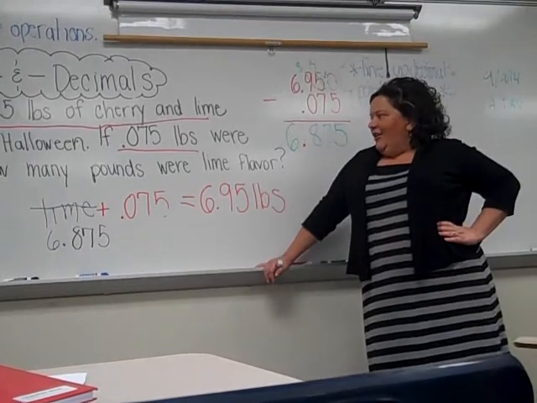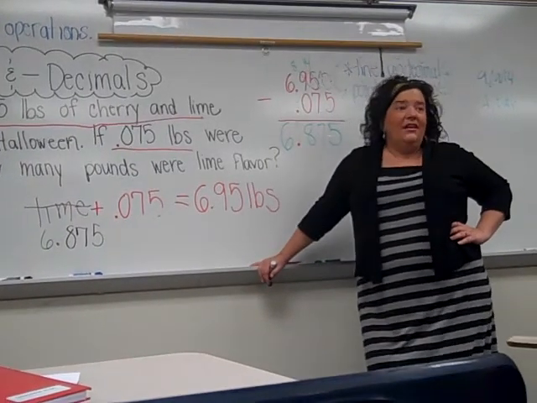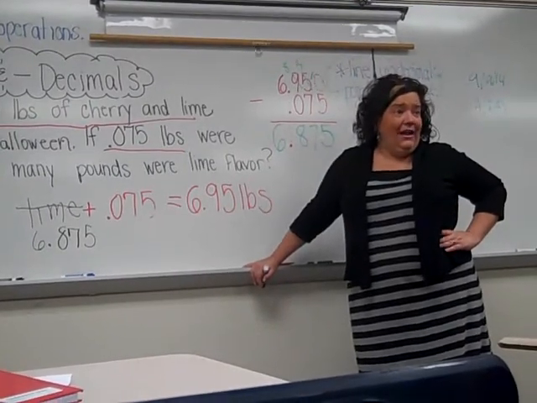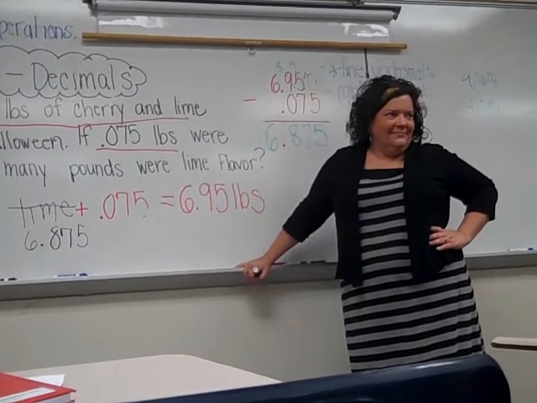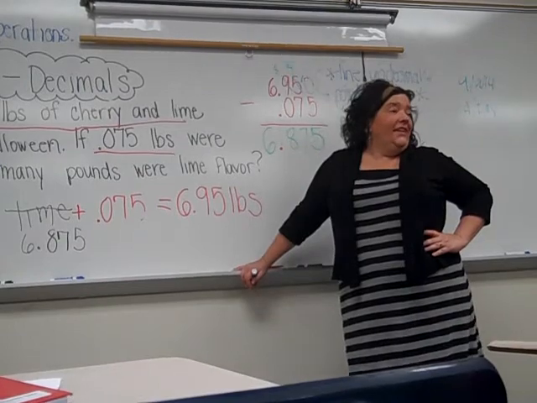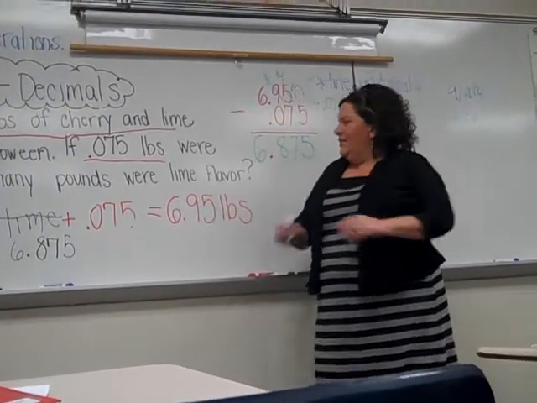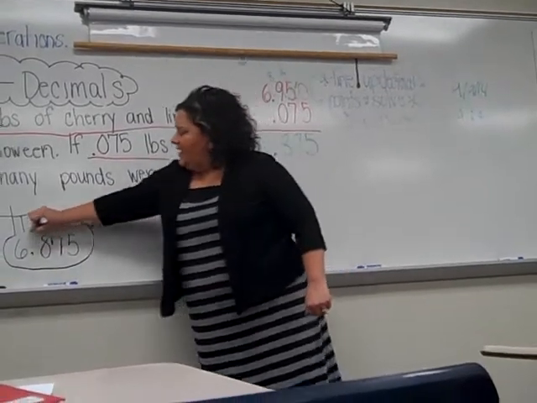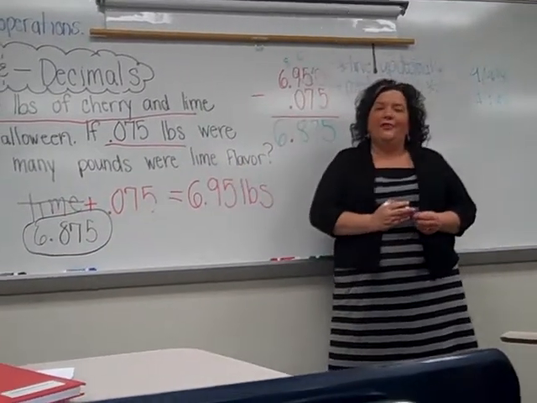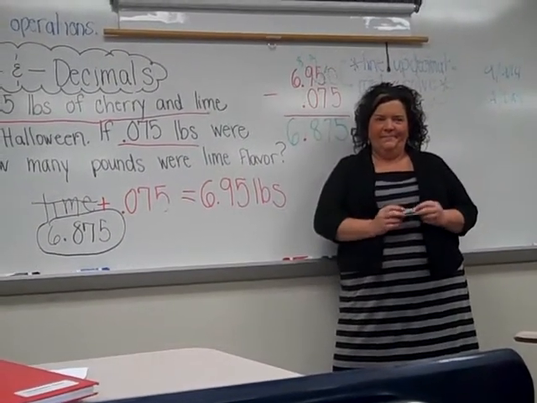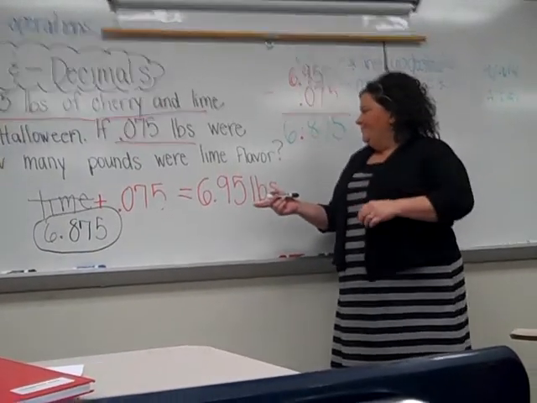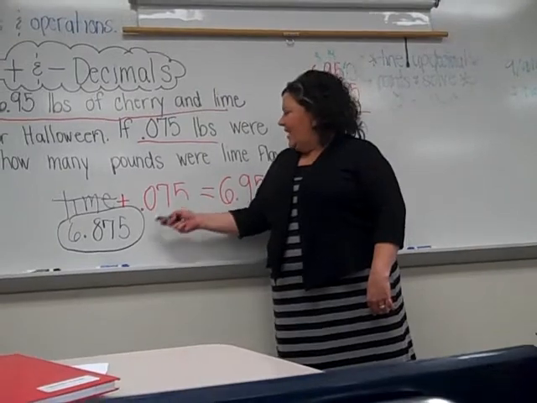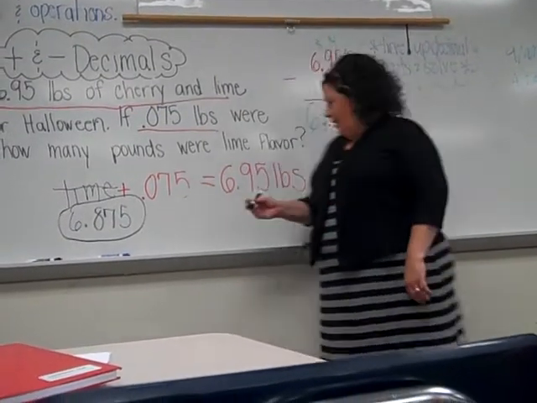So our answer, the amount of pounds that Jerry bought for Halloween in the lime flavored jelly beans is 6 and 875 thousandths. Now, what we're going to do is go ahead and add those together, and we'll see if we get the correct answer.